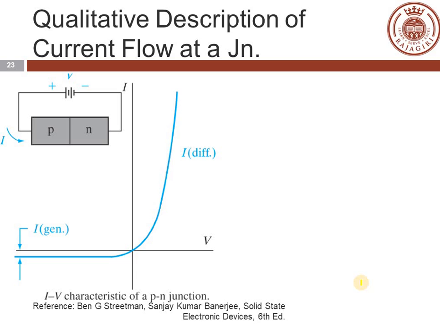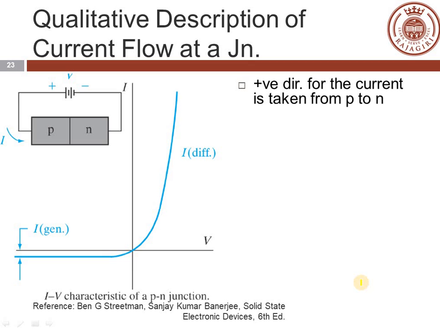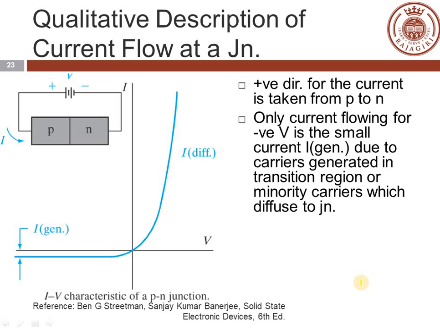So this is the VI characteristic for an ideal diode. The positive direction of the current is taken from P to N. The only current flowing for negative voltage is the small current, otherwise called I generation, due to carriers generated in the transition region or minority carriers which diffuse to the junction.